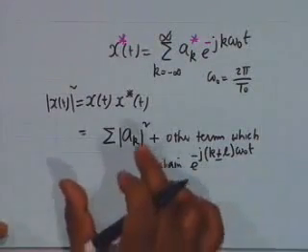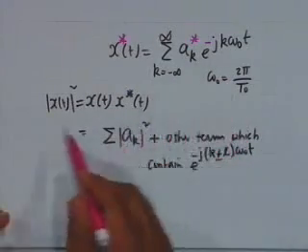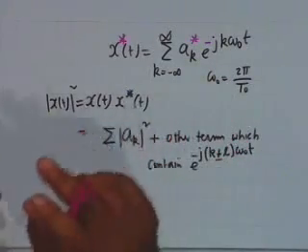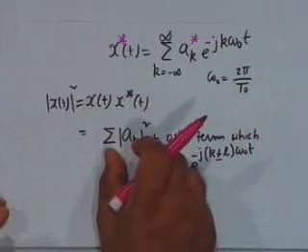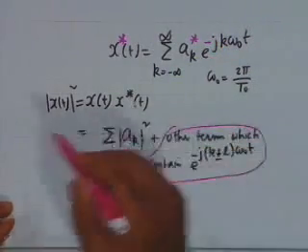Now, I am only indicating the outline of the proof. If I integrate the left hand side over one period, and if I integrate the right hand side over one period, then obviously the integrals of these other terms which contain sine and cosine shall vanish, because k is not equal to plus minus L. For k equal to plus minus L, the term is |a_k|², and therefore these terms when integrated over one period shall not vanish.